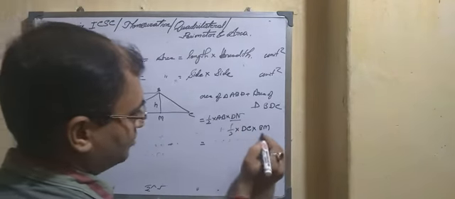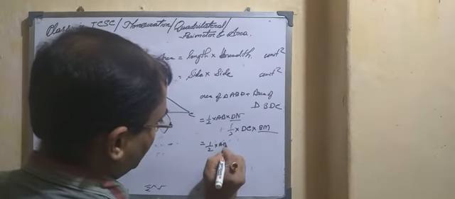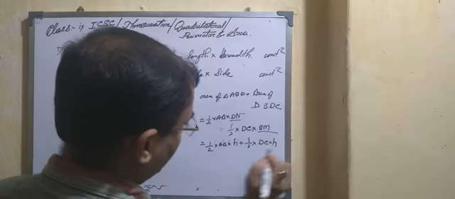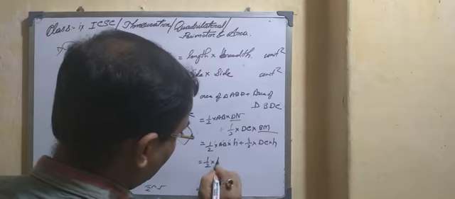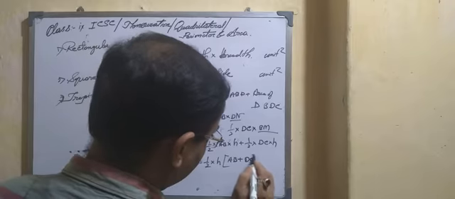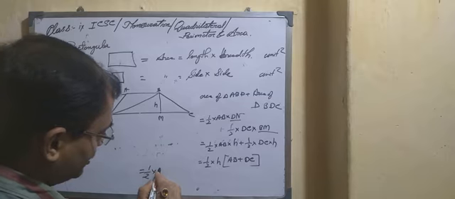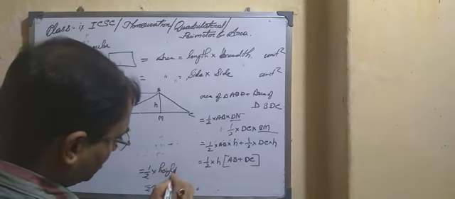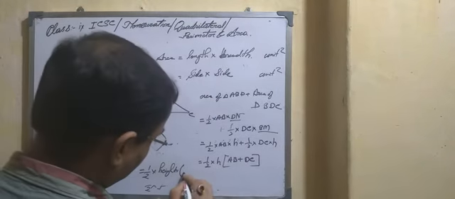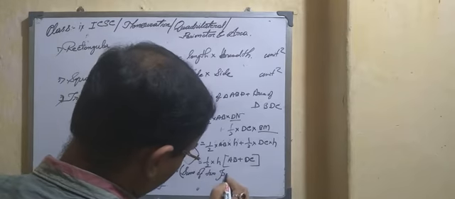Now DN and BM are the height, so we can write half into AB into H plus half into DC into H. Therefore half into H into AB plus DC. So what is the formula? That is half into height into the sum of the two parallel lines.